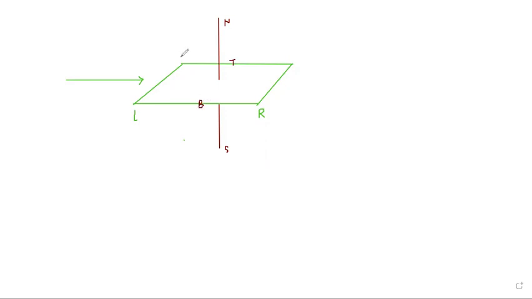Let's say if I label the page, this is A, this is B, this is C, and this is D. So A and B will be the top part, and C and D will be the bottom part of the page.